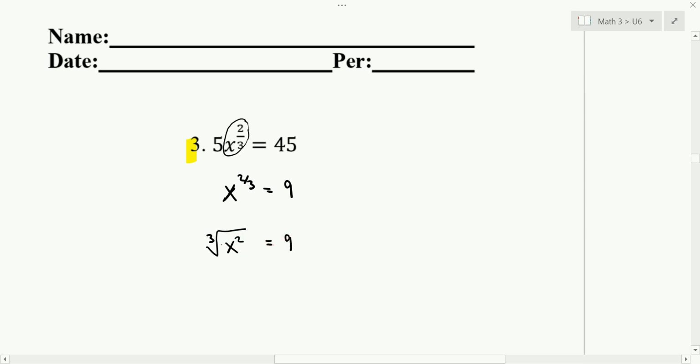And so to get rid of the cube root, we want to raise both sides to the 3rd power. So we get x squared is equal to 9 to the 3rd power.